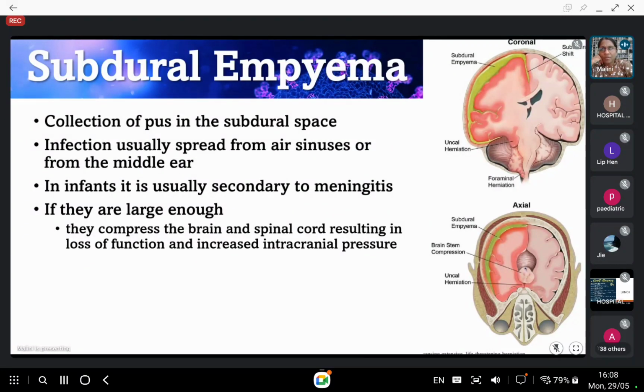So if you have a young infant with meningitis who is not really improving with conventional antibiotics, you should consider further neuroimaging to look for a subdural empyema.